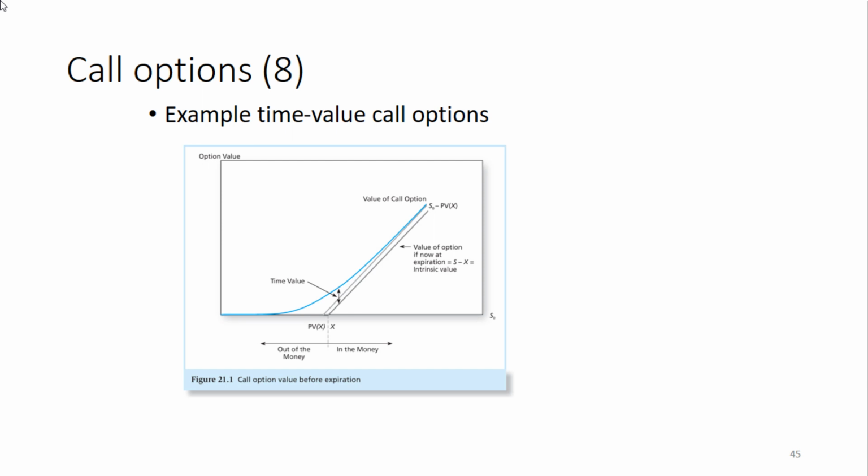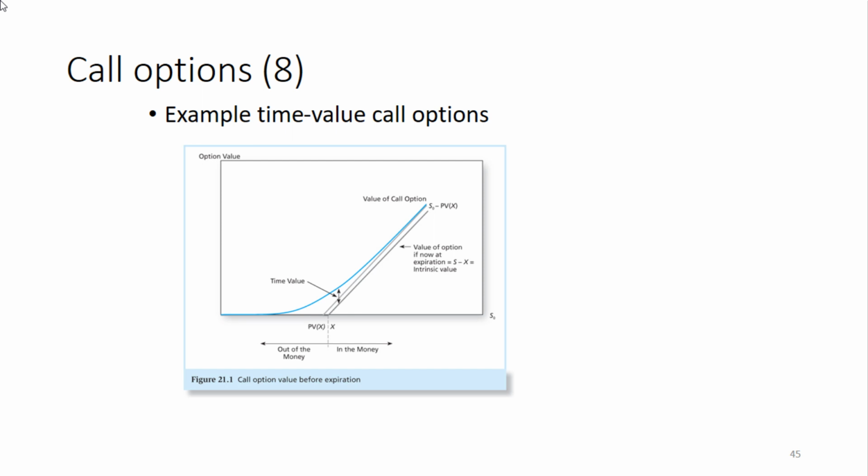So that is, if I were to exercise the option today, what would be the value? Of course it's 0 when the option is out of the money, and it's getting positive when the option starts to become in the money. So that's the intrinsic value. The intrinsic value is different from the value of the option itself, because the call option, next to intrinsic value, has time value.